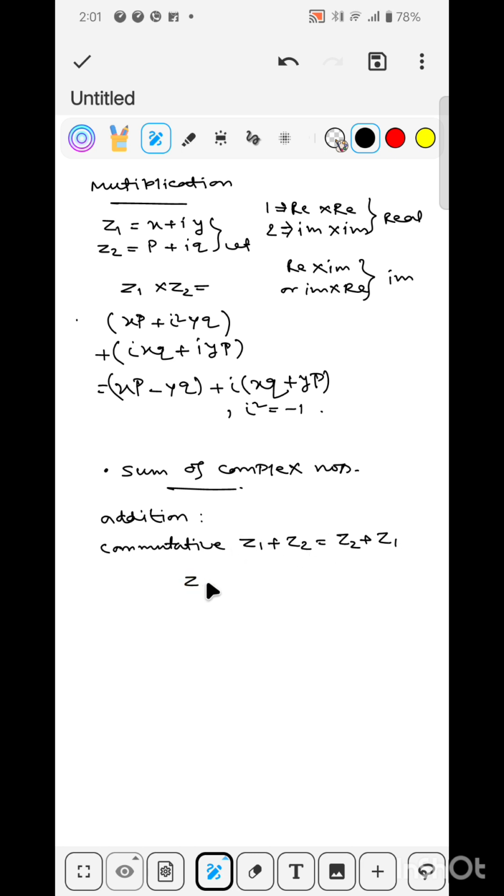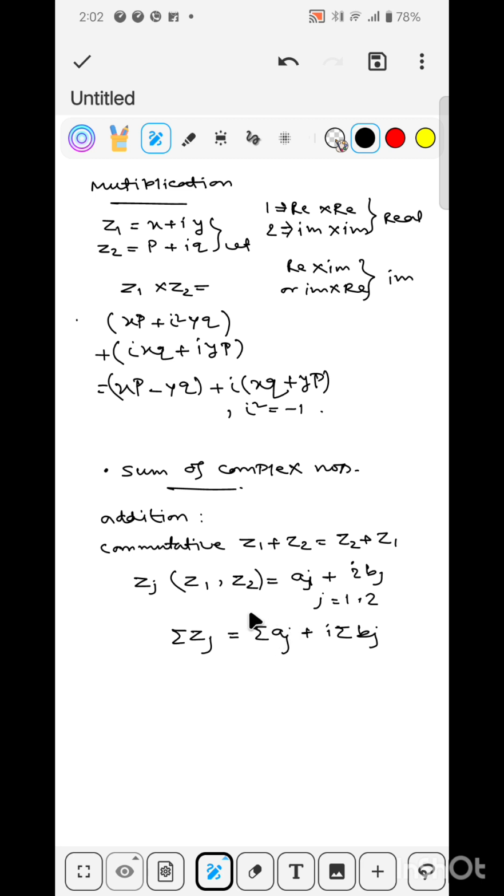Because z1 and z2 are aj plus ibj, for j equal to 1 comma 2, zj is equal to aj plus ibj. Then summation zj is always summation aj plus i summation bj.